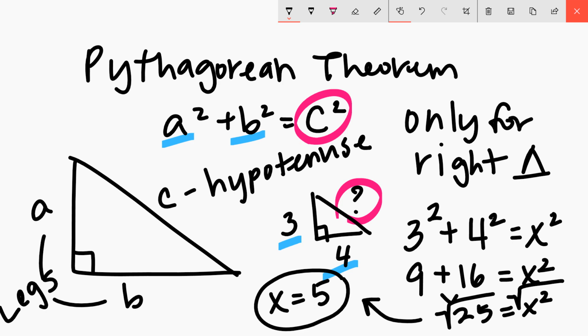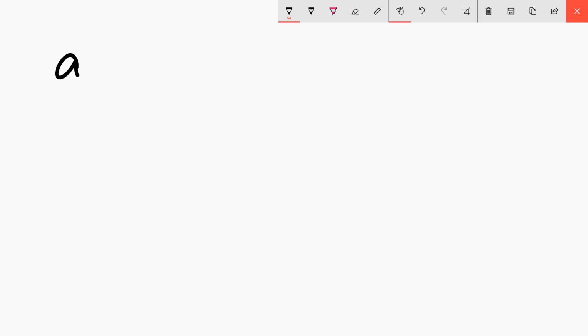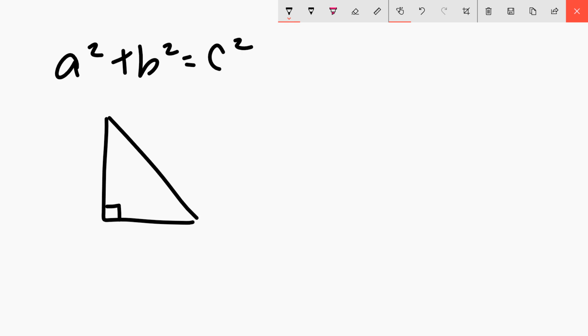Okay, this works if you have any 2 sides, even if you had the hypotenuse. So for example, let's say I had a squared plus b squared equals c squared, and I had a triangle that said 2 and 7.